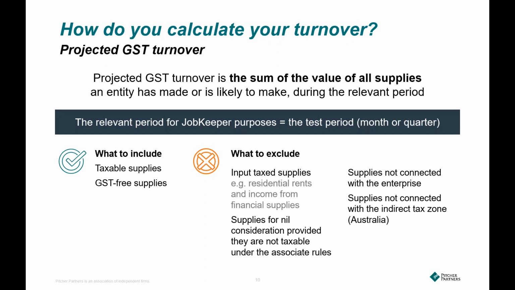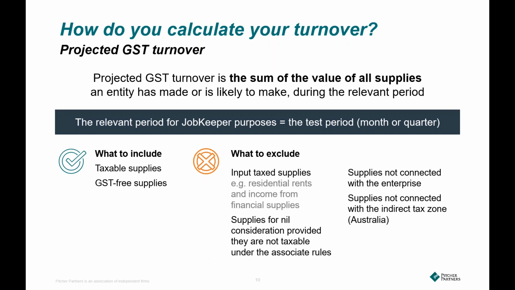But it appears that you can still access the JobKeeper scheme, for example, if you are a small business that is below the $75,000 registration turnover threshold, or you're a charity, for example, or other not-for-profit that is below the $150,000 GST registration turnover threshold.